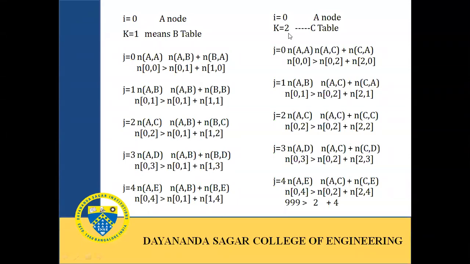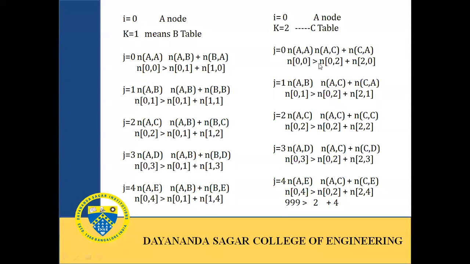Now all the J loop is over. Then K gets incremented, so K becomes 2. If K becomes 2, that means the C table is compared with the A table. Now you can see here, A to A, the K value is C now.